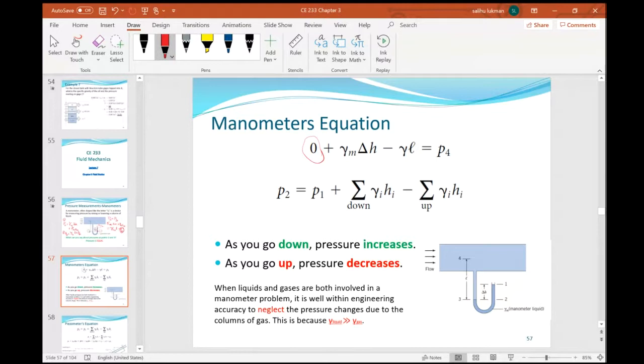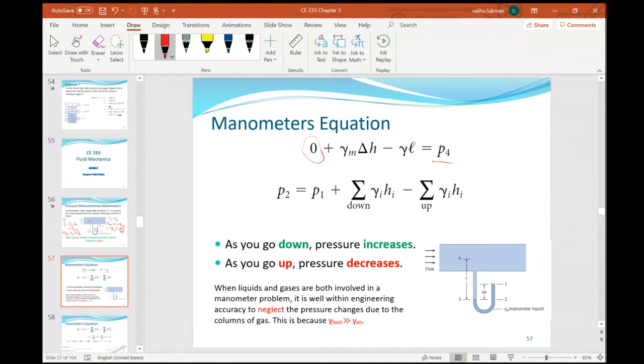That's why you have this 0 here, meaning P4 will give us gauge pressure, because we are taking reference from the atmospheric pressure, making it 0. Generally, P2 equals P1 plus. When you go down, you add the pressure because depth is increasing. When you go up, you subtract because the pressure is reducing. As you go down, pressure increases; as you go up, pressure decreases.